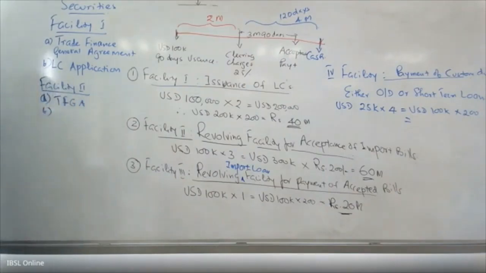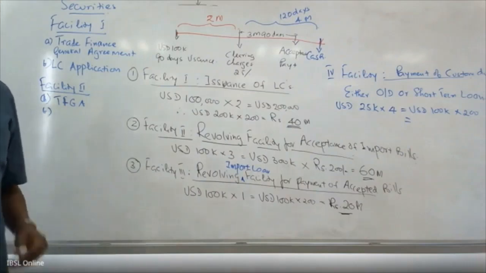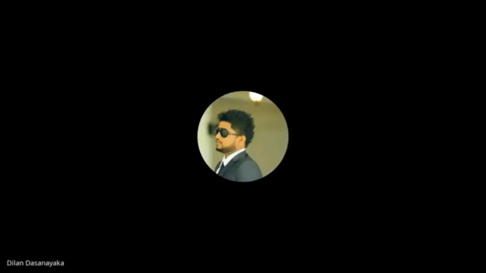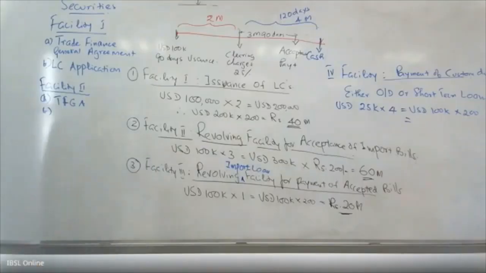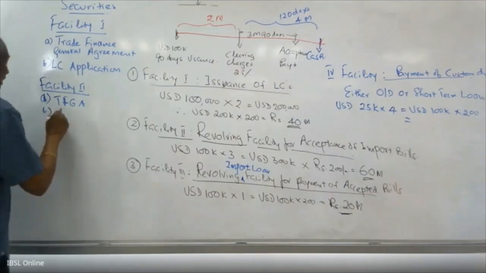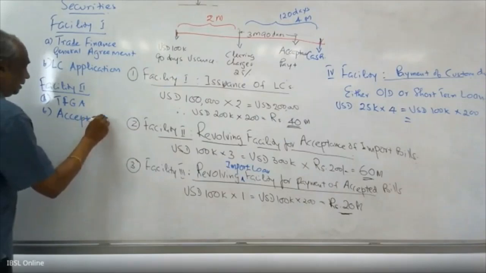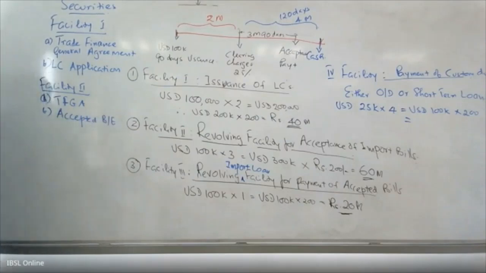B, what is that? Another instrument where we can go for litigation. We can produce their court case. What is that document? Bill of exchange. Accepted bill of exchange. Right? Then facility 3.